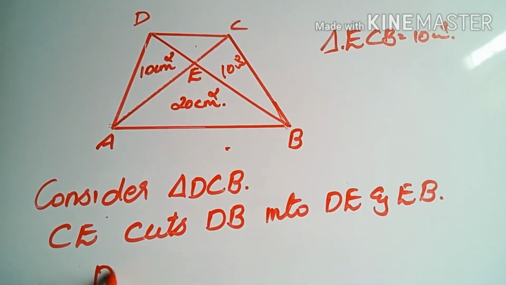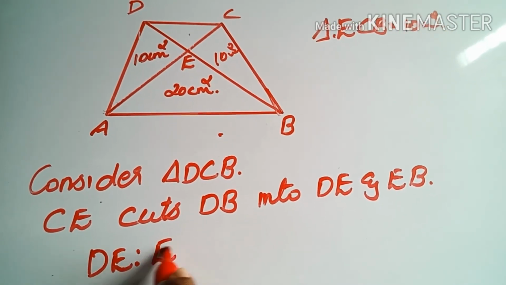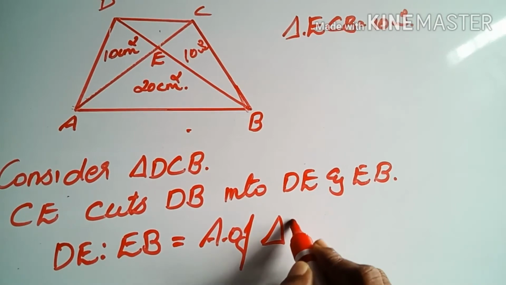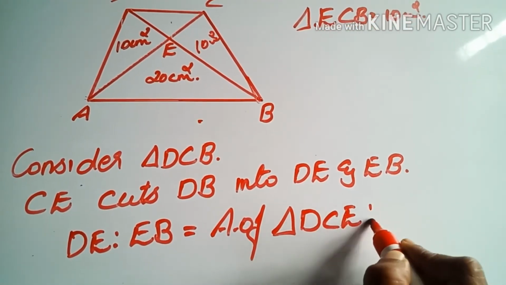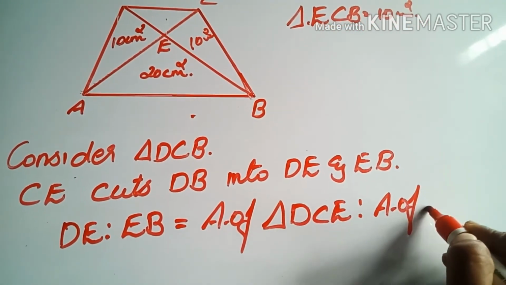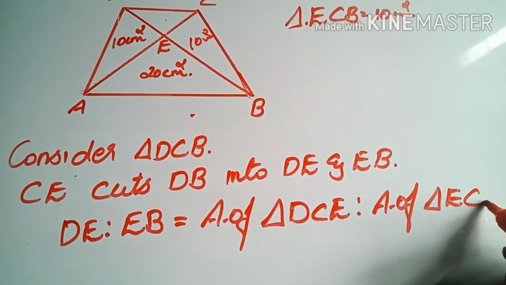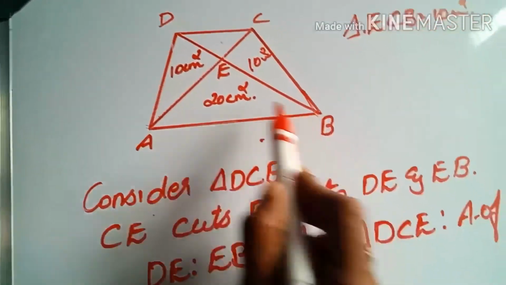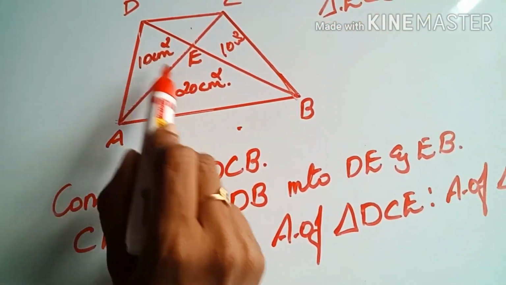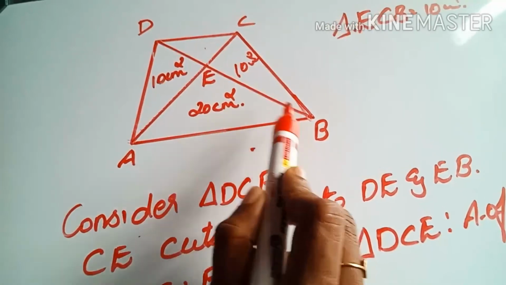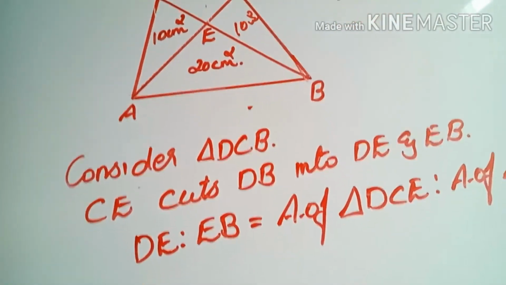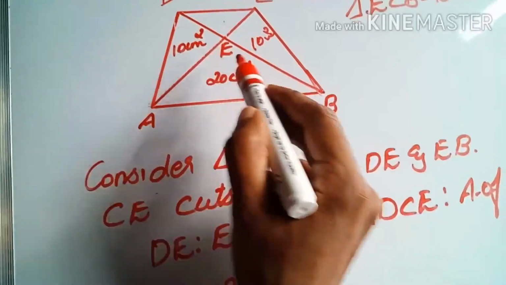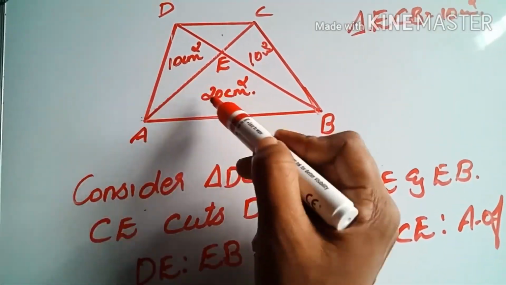So here DE is to EB will be equal to the area of triangle DCE is to the area of triangle ECB. That means these two areas' ratio will be DE and EB. So here 10 and 20, that means 10 is to 20.